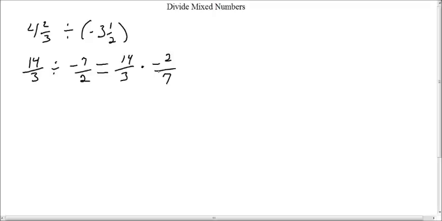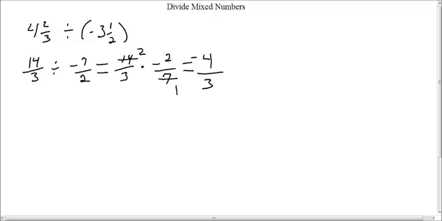And as you can see, 7 and 14 are factors, so we can divide 7 into 7 one time, into 14 two times, and now we're simply with 2 times 2, which is a -4 because we have our -2 here, and 3 times 1, which is actually 3.